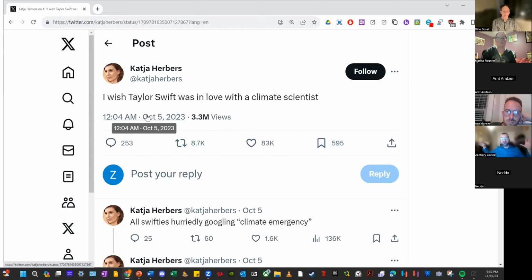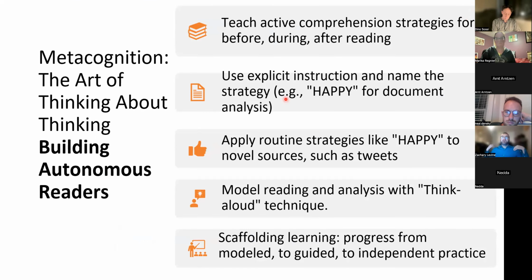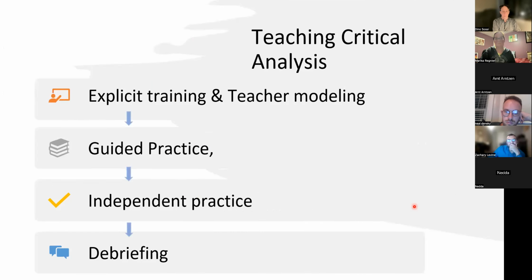Generally there's always active involvement from the kids at this school. I think they're able to do things that other people wouldn't necessarily, but it's this sort of applying routine strategies to novel sources, modeling reading and analysis with the think aloud technique, and going from there.